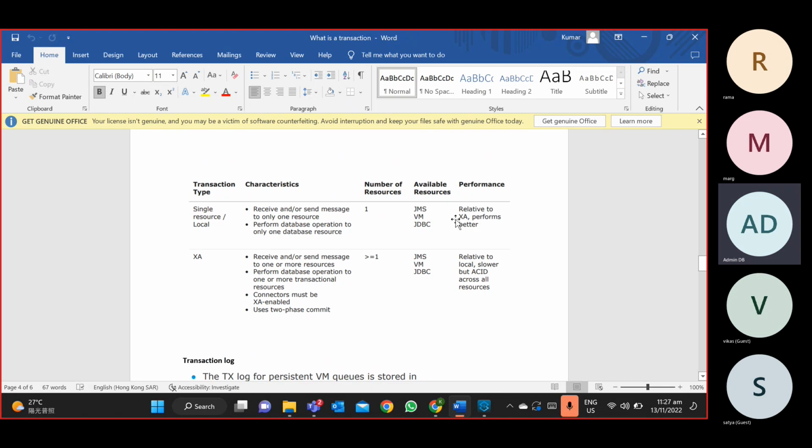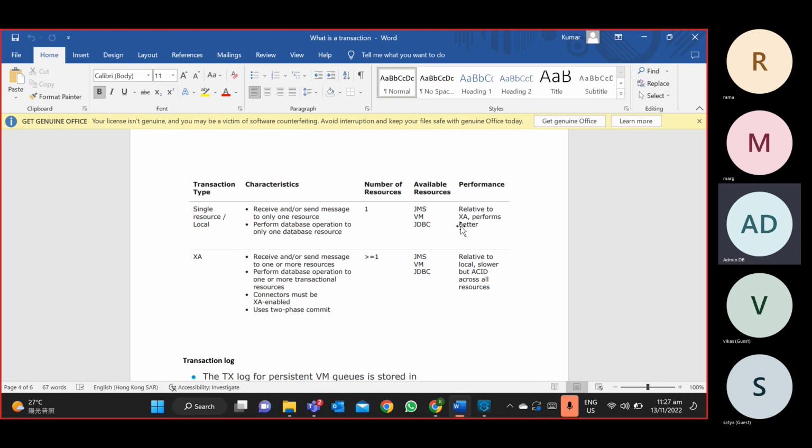Can anyone tell me the reason for this? Why are they saying non-XA transaction performance will be better than XA transaction? Here, once we complete that particular transaction, done.